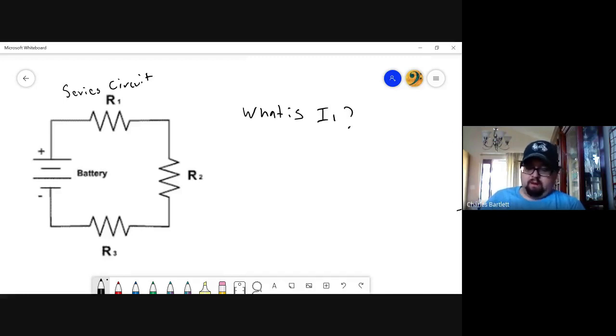And you would have resistances. So we'll just do R1 equals 10, R2 equals 10, R3 equals 10. I'll put that up here because it'll look cleaner.